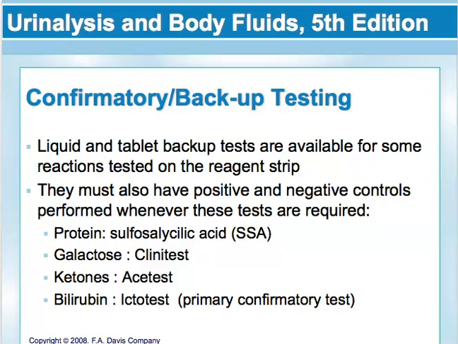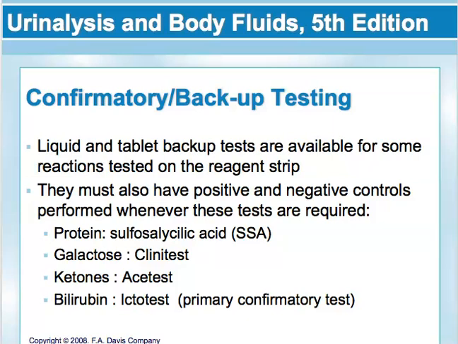Some examples of common backup or confirmatory tests are Clinitest for galactose, Acetest for ketones, which are a byproduct of fat metabolism, which are usually completely broken down. So this is used as energy when the normal source of energy, which is your carbohydrates, is not available. The Ictotest is a confirmatory test for bilirubin, which can be an indication of liver disease.